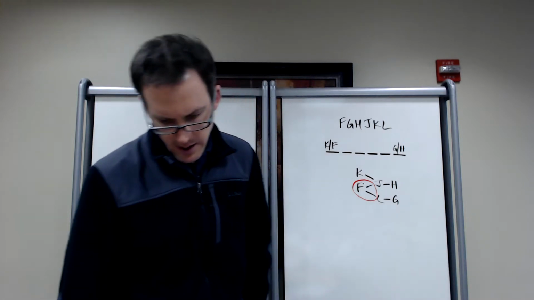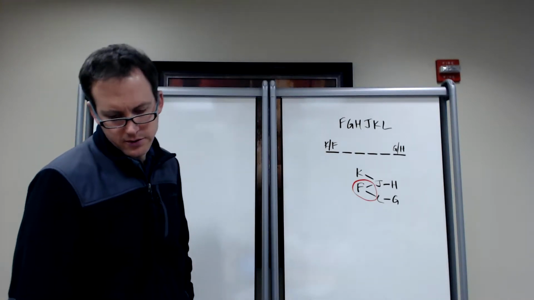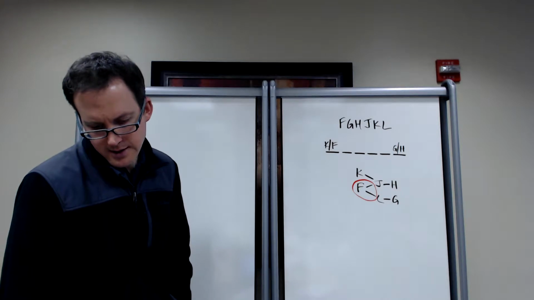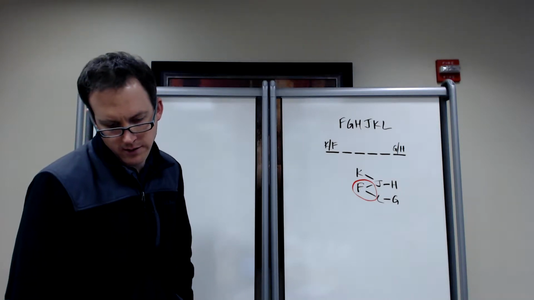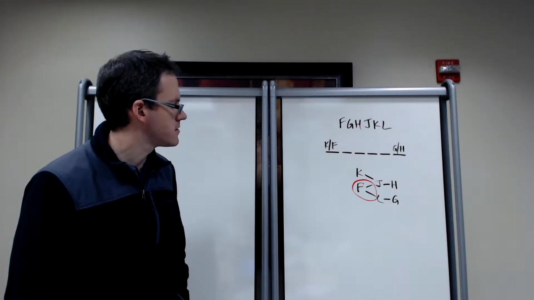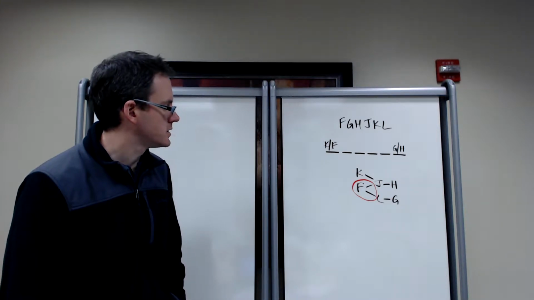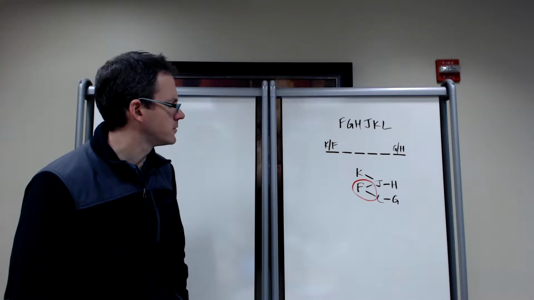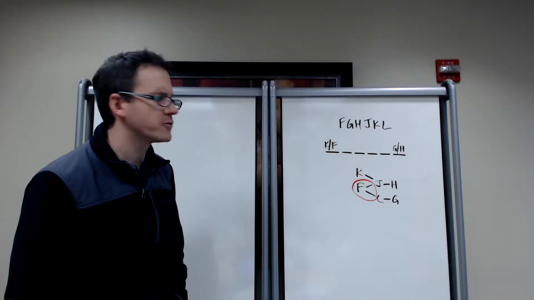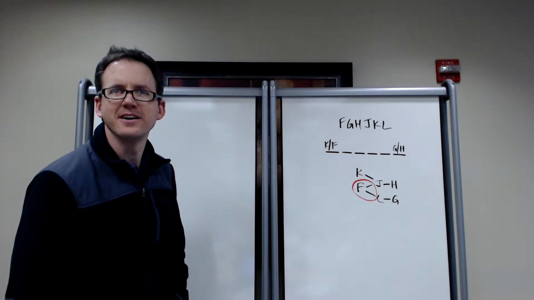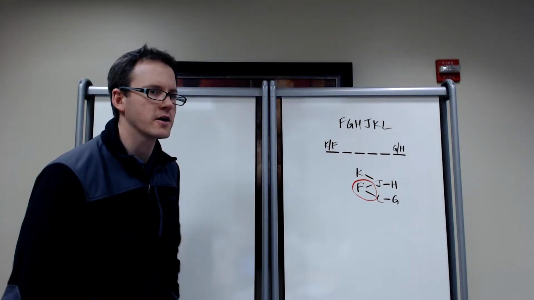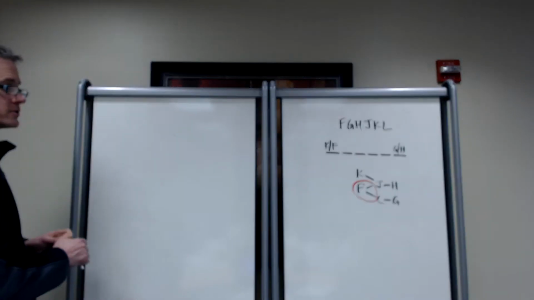Okay, now, too strict or too loose? A, only K can be released earlier than F. So K comes before F. What do we think about this? It could happen. It certainly could happen.